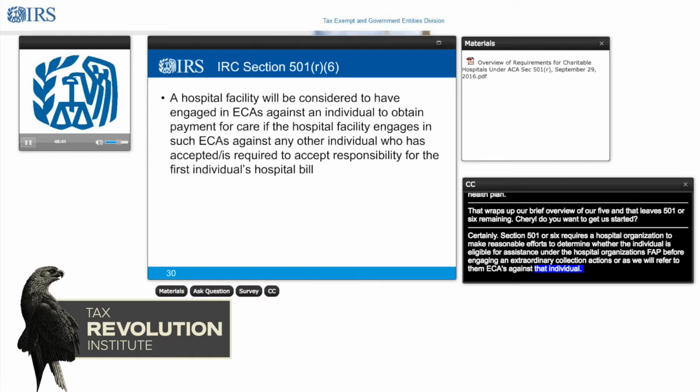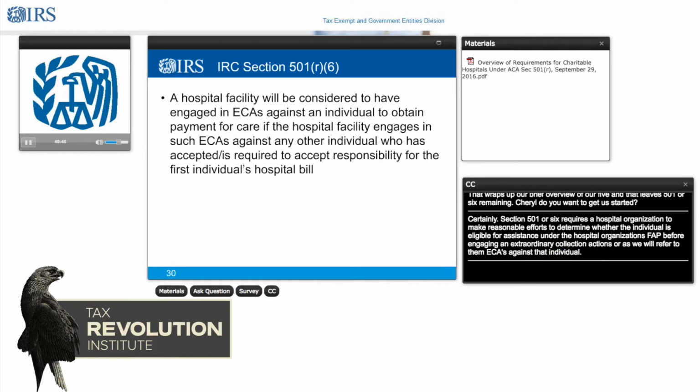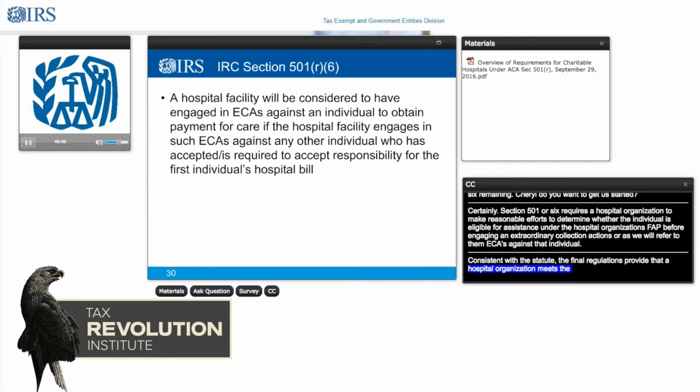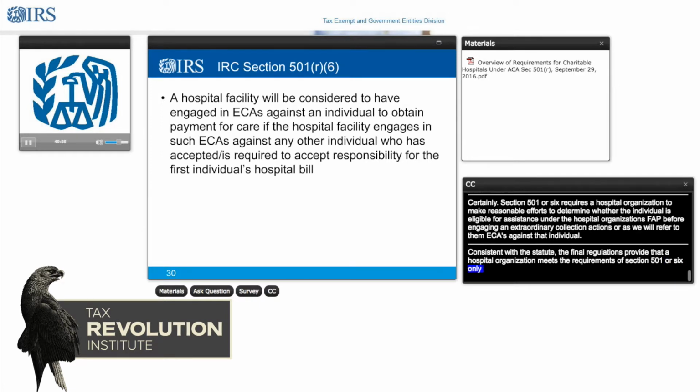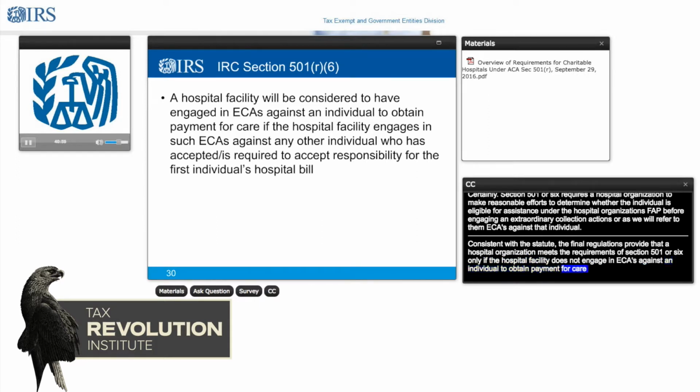Consistent with the statute, the final regulations provide that a hospital organization meets the requirements of Section 501(r)(6) only if the hospital facility does not engage in ECAs against an individual to obtain payment for care before making reasonable efforts to determine whether the individual is FAP eligible for the care.